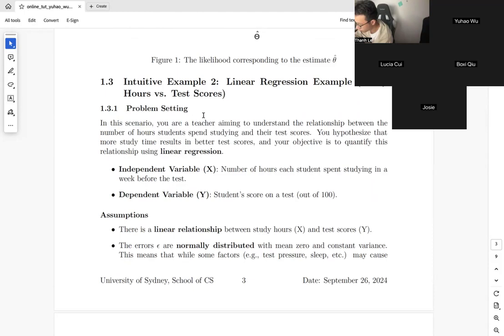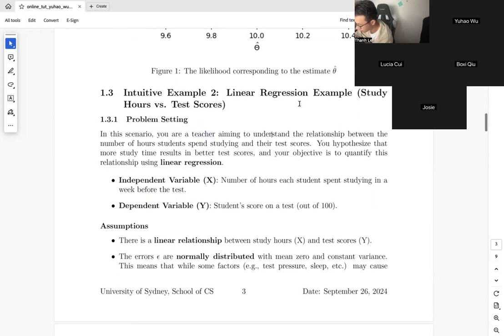In this case, maybe I'm a teacher aiming to understand the relationship between the number of hours students spend studying and their test score. Maybe more study time results in a better test score. This means a positive relationship between study time and test score, and we want to quantify this relationship using linear regression.